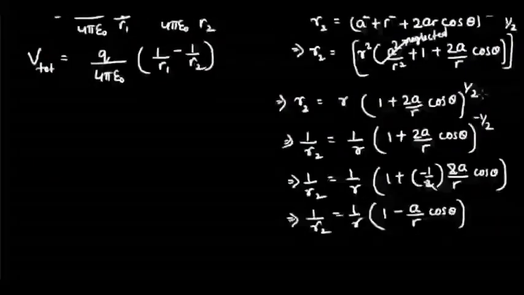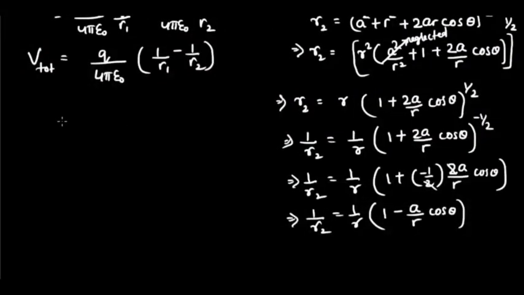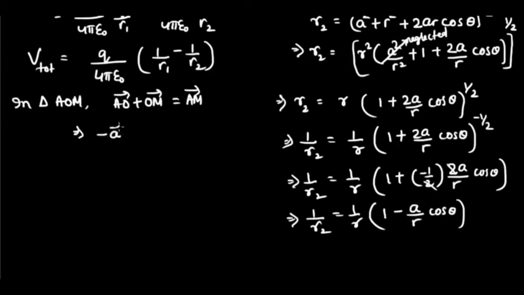So in triangle AOM, I can write that AO vector plus OM vector is equal to AM vector. And what is AO vector? AO vector is minus A vector, OM vector is R vector and AM vector is R1 vector.